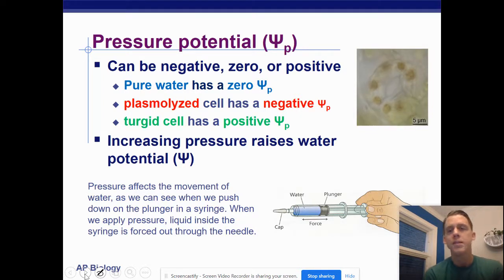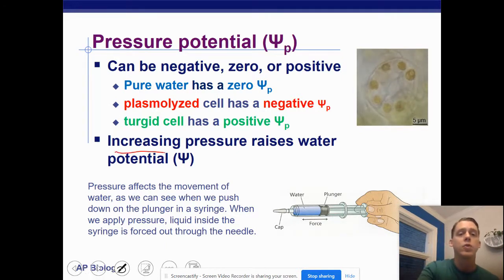It basically has a negative pressure potential. In a turgid cell, a full cell has a positive pressure potential. We are usually going to be talking about positive pressure potentials. Usually something exerting or squeezing the water is going to be a positive pressure potential. Increasing pressure raises water potential.